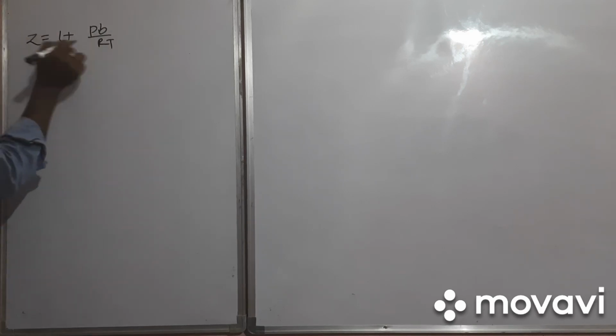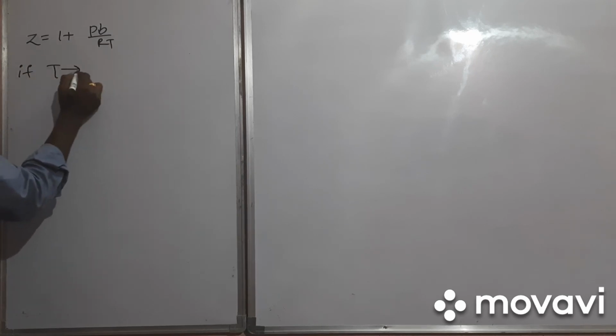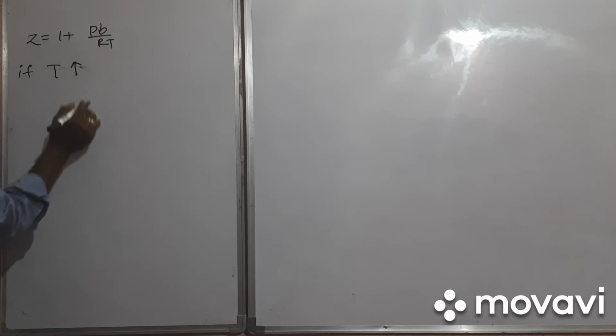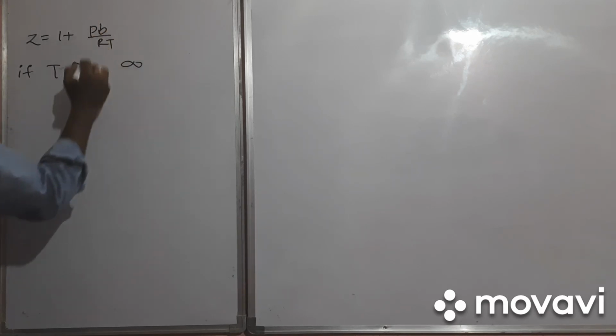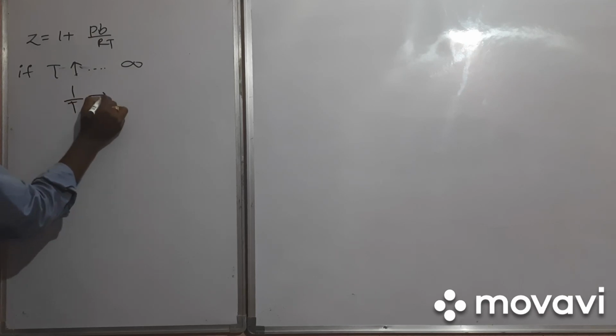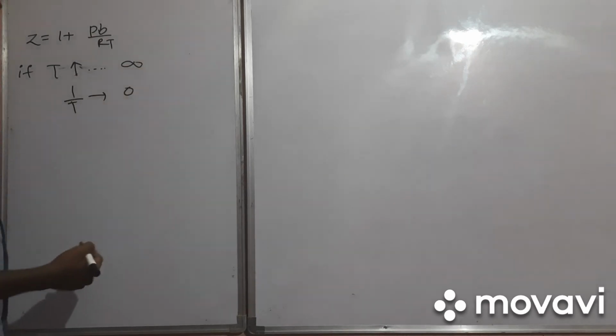In this case, if the temperature increases, for example, let it be infinity, if temperature approaches infinity, then 1/T tends to 0.